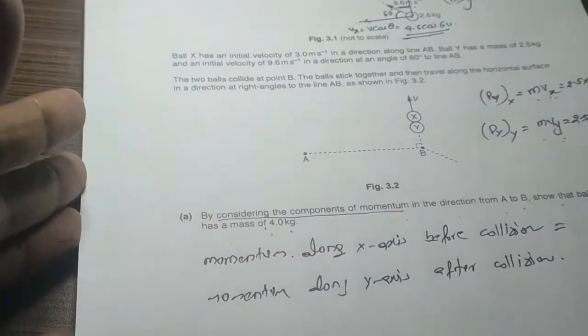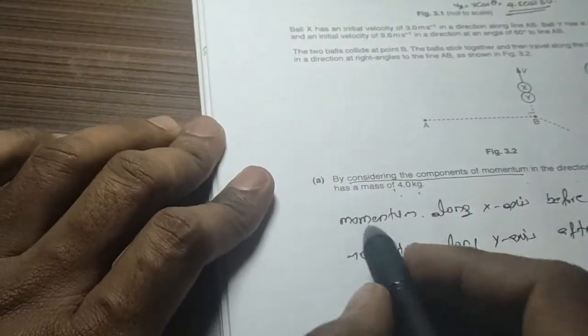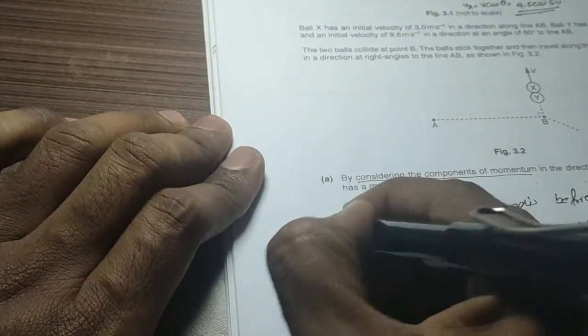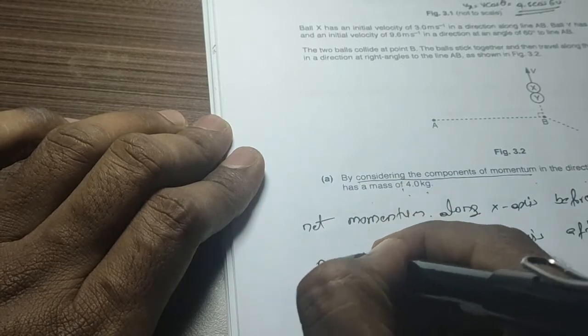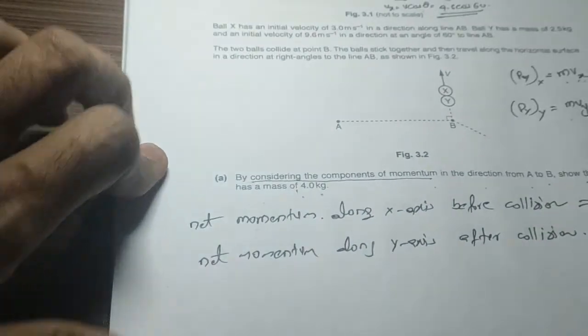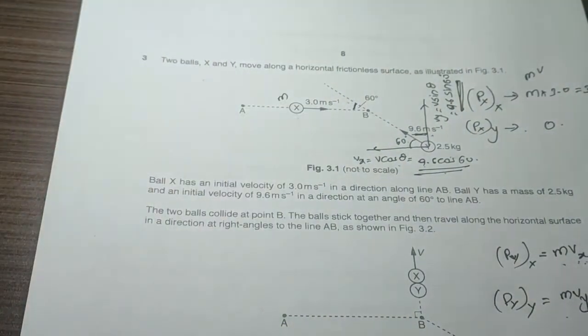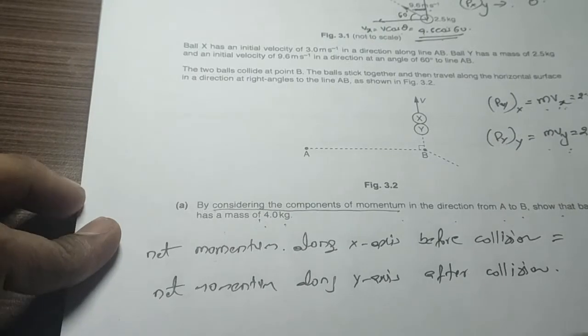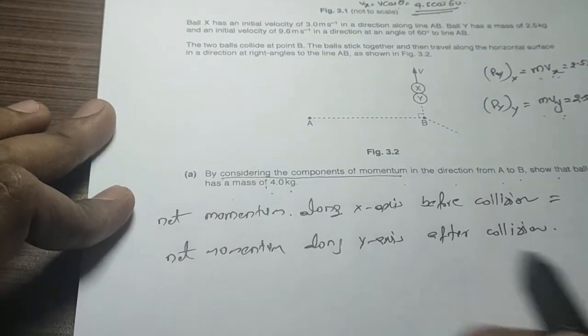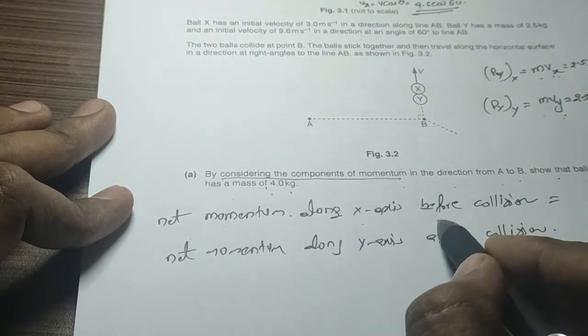If I write just momentum, it is actually an incomplete sentence. It is the net momentum. Why is it net momentum? Because the system here has two objects, x and y. So the net momentum of the system should be conserved in any direction. So net momentum along the x-axis before collision.